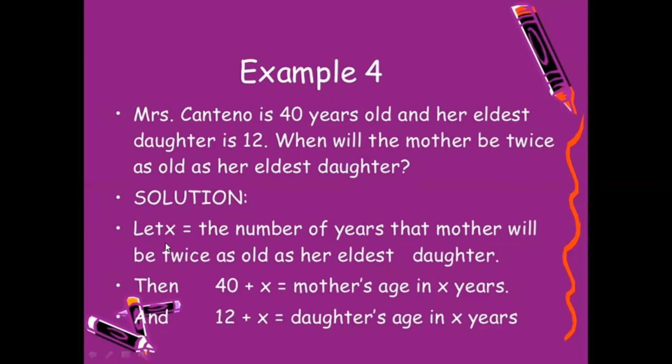The number of years after which the mother will be twice as old as her eldest daughter. So that's why 40 plus x is the mother's age in x years, and 12 plus x is the daughter's age in x years. So we have supposed that this x year will make the relationship true. The mother will be twice, and her daughter will be half of that. That's why we are adding x to their present ages.